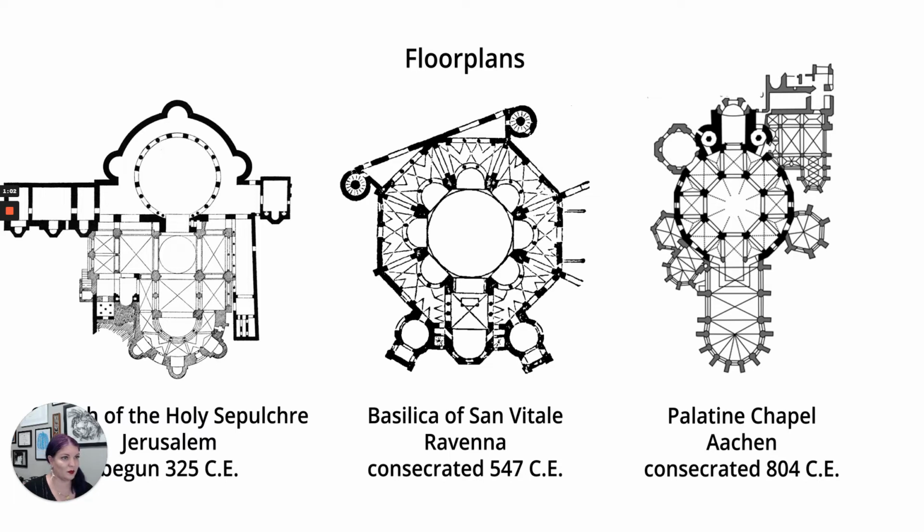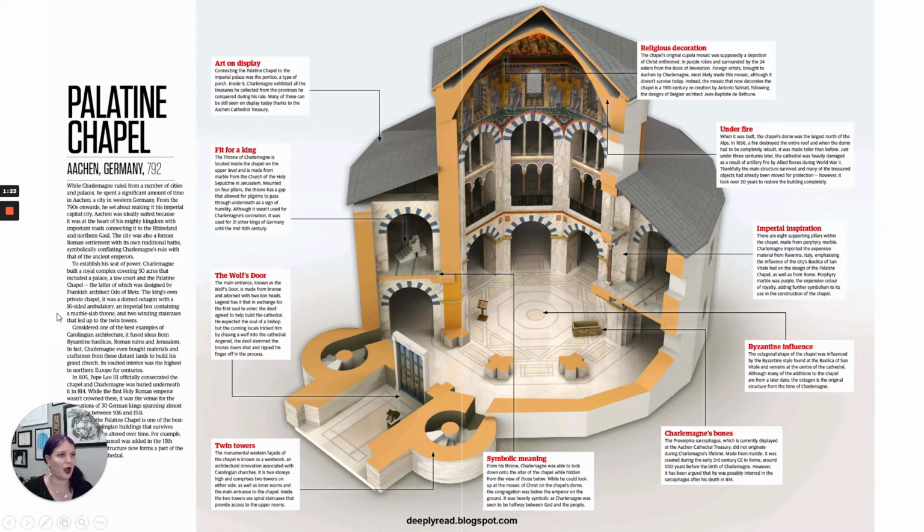You can see some similarities here between other buildings. And as I said, he has a particular interest in Ravenna. So the central plan that is favored in some of the buildings in Ravenna, particularly San Vitale, is a big influence on the construction of the Palatine Chapel.